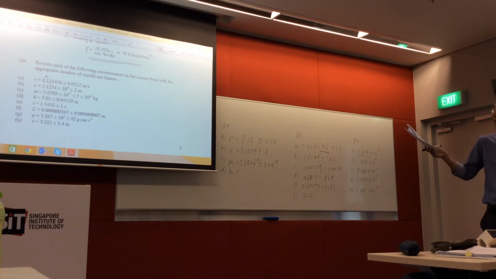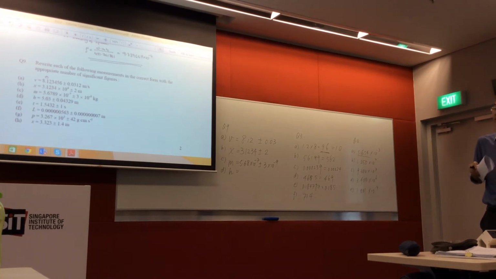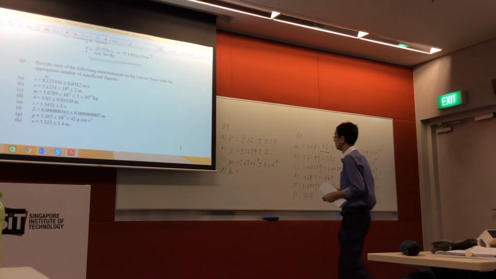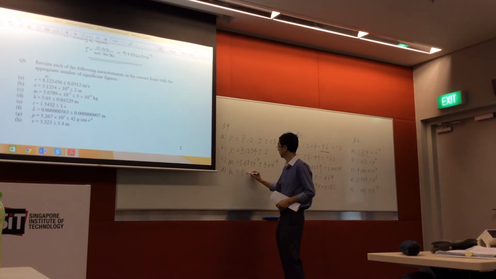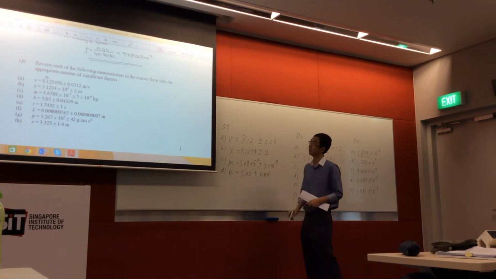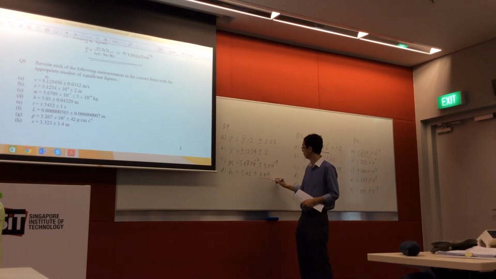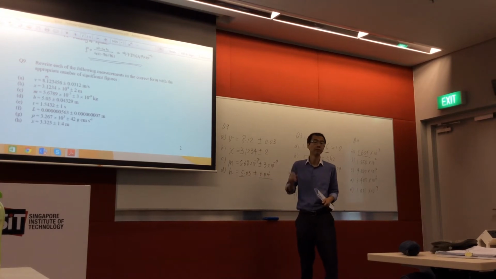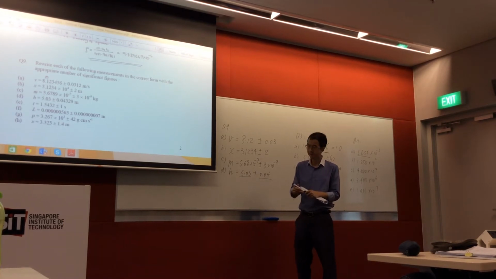And how about the best estimate? 5.03. So 5.03 plus minus 0.04. These two numbers will have the same order of magnitude.